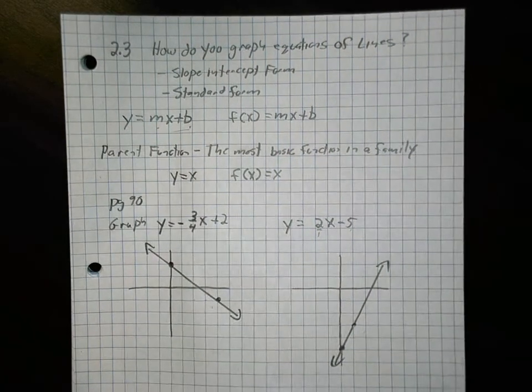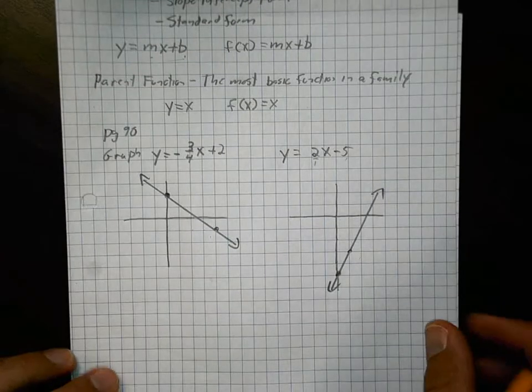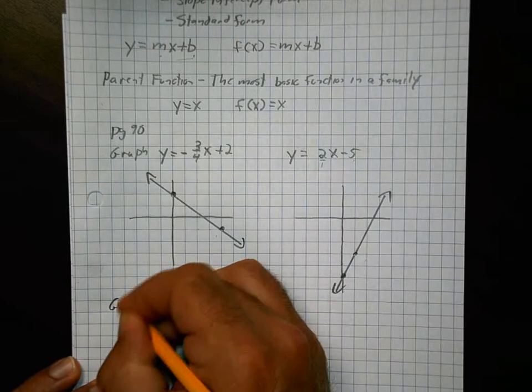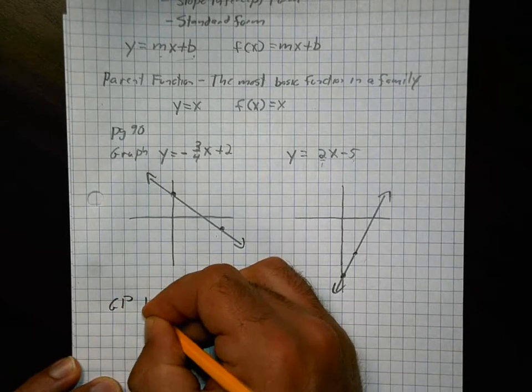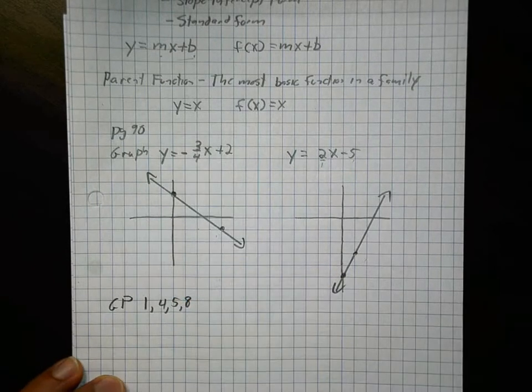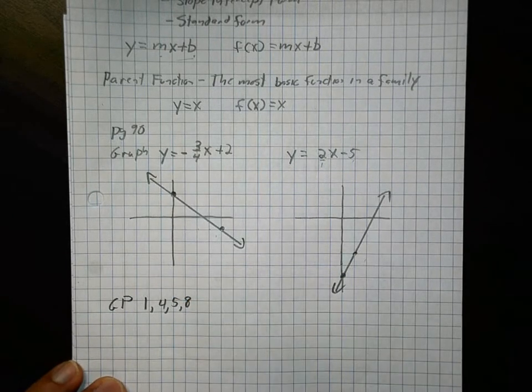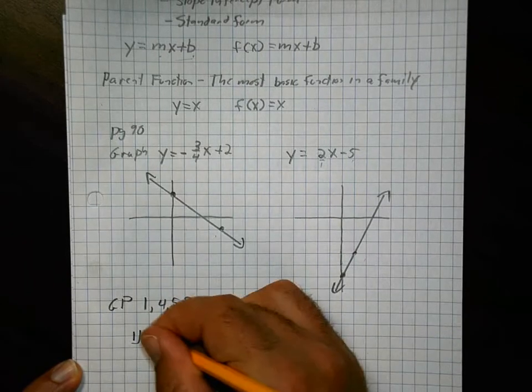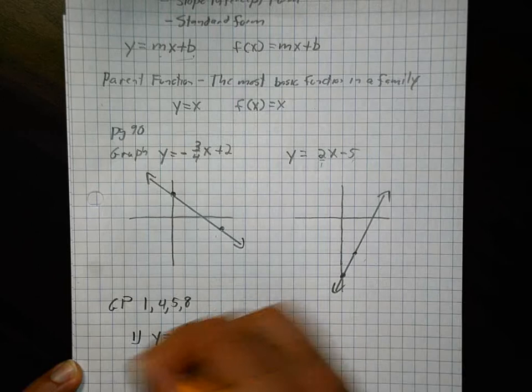What I would like you to do is give 4 problems a try. I want you to do guided practice problems 1, 4, 5, and 8 in your textbook on page 90. If you don't have your book handy, I'll write them down right now. Number 1 is y equals negative 2x.